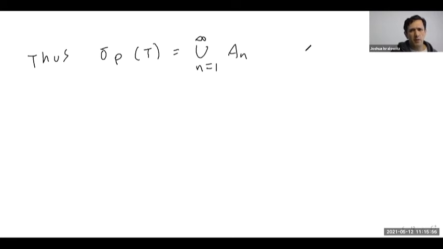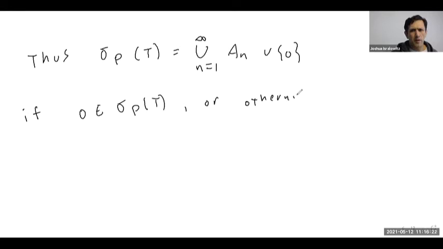If 0 is an eigenvalue, meaning the kernel is not trivial, then sigma p of T is this union together with 0.